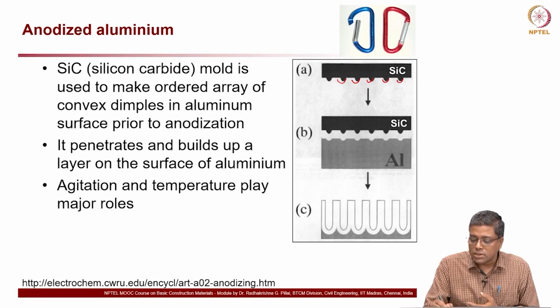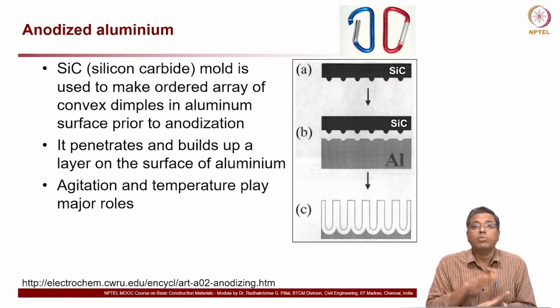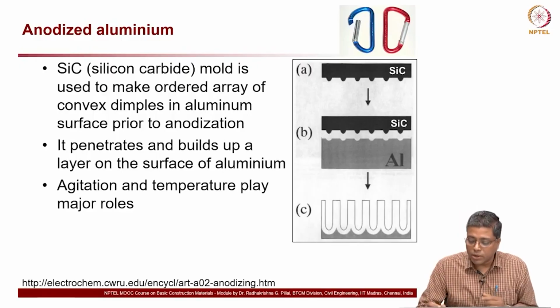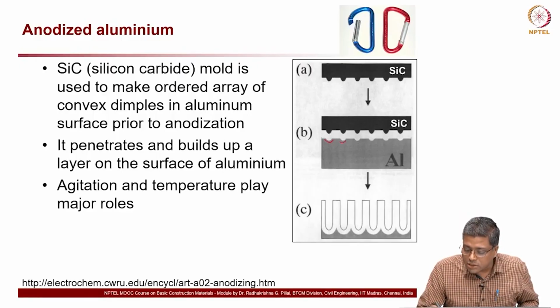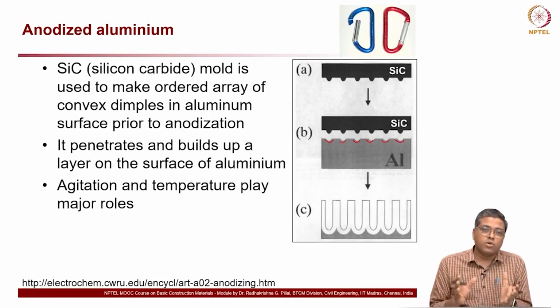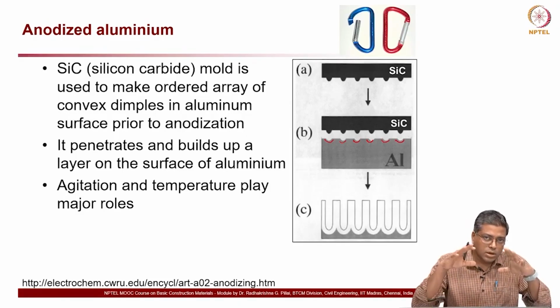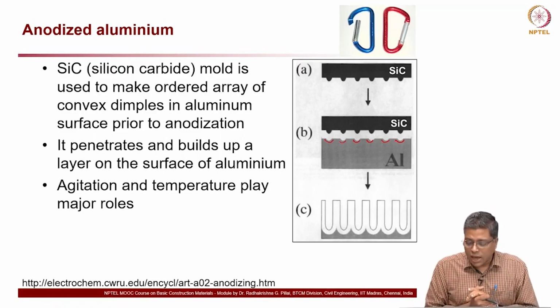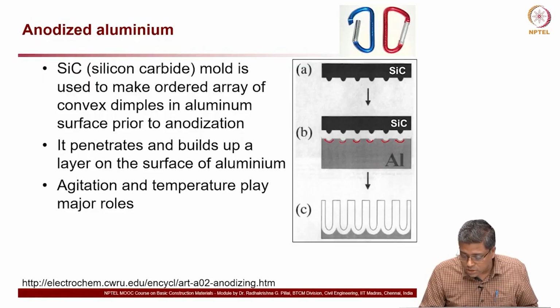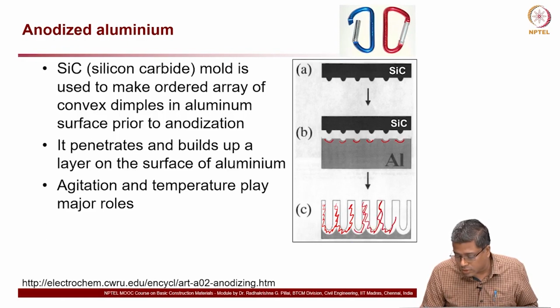Now when this is pressed against the aluminum plate, there will be indentations formed on it. So you are essentially making a uniform structure with indentations, and then you grow the aluminum oxide on that surface. This is the aluminum oxide which is grown by applying current to it. This is that oxide layer, the white thing.